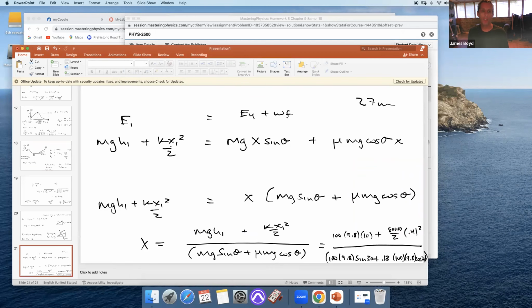We wrote mgh plus kx squared over 2 for the energy initially is equal to mgy, where y is the distance up the incline times sine, plus the work of friction, which is mu mg cosine. This is mu n, and n on an incline is mg cosine. So mu n times x up the slope. And setting those two things equal and solving for x gave us 27.